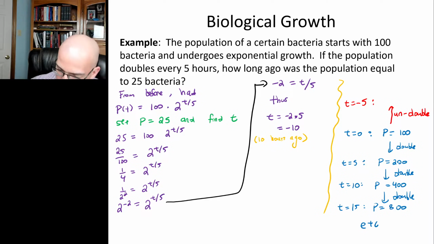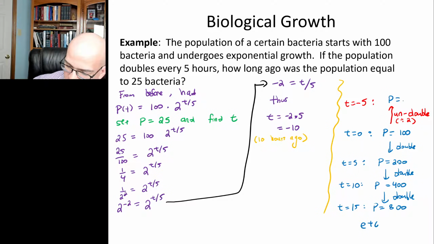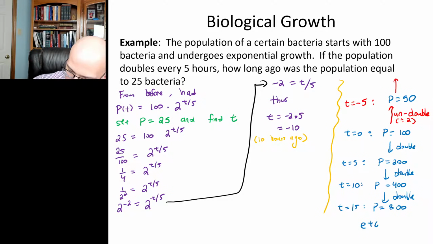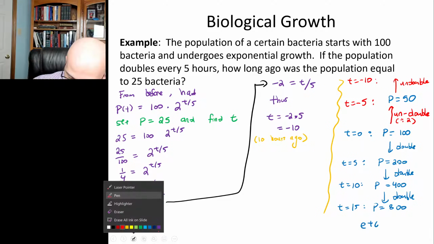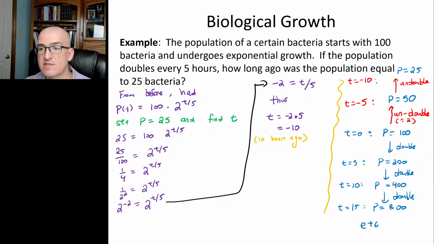Well, just divide it by 2. Doubling is multiplying it by 2, so you want to do the opposite of doubling. So P is equal to 50. If I undouble it again, I'll get my 25. And that's what the math told us. The math tells us that if t is equal to -10, we will get a population of 25, undoubled twice.